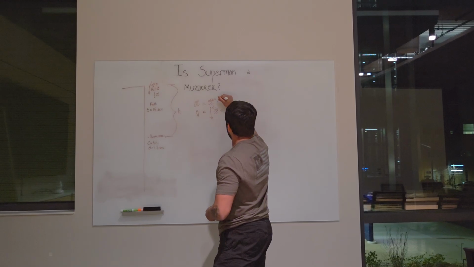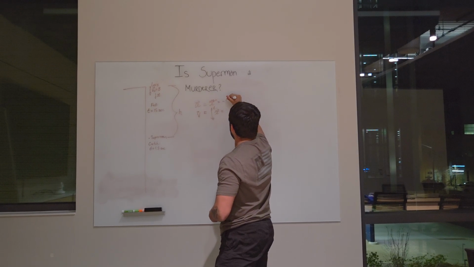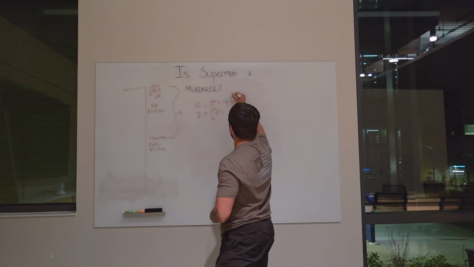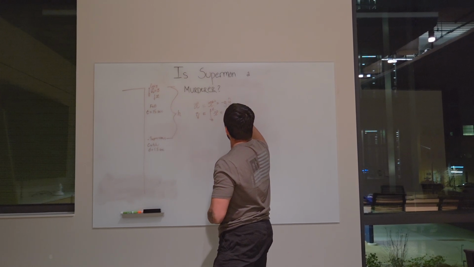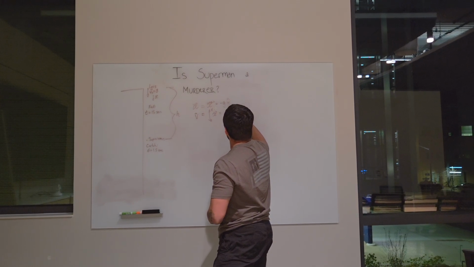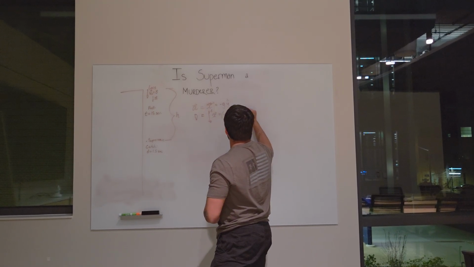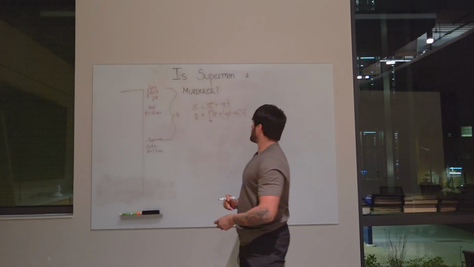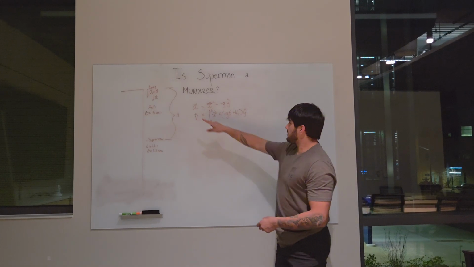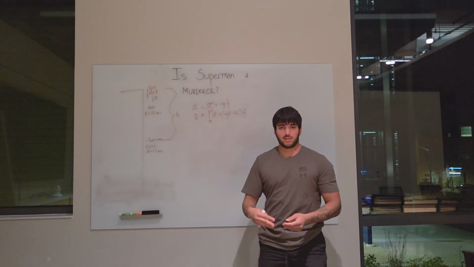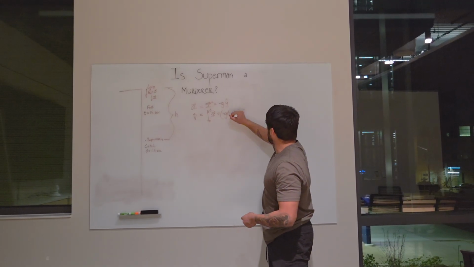Solving this integral, based on the fact that our acceleration is negative g in the y-hat direction, we get negative gt plus our initial velocity, of course, all in the y direction. Considering the fact that Lois starts at no initial velocity, we can get rid of this term here.